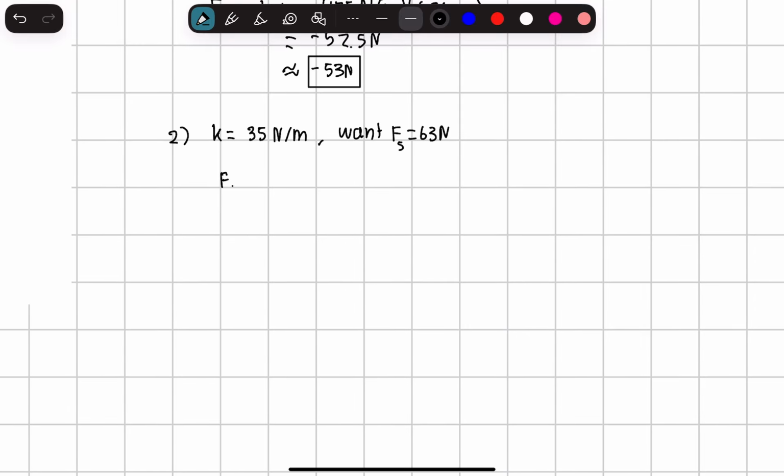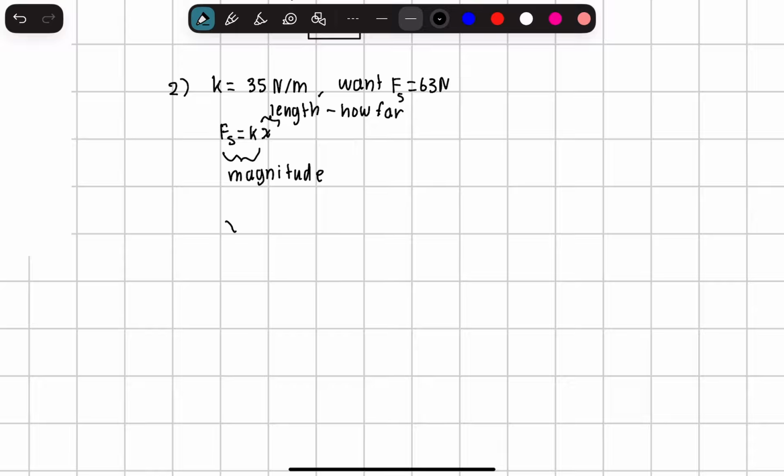We're going to use F_s equals k times x as the magnitude. We already know F_s, so we're just going to rearrange to solve for the length, which is how far you pull the spring back.